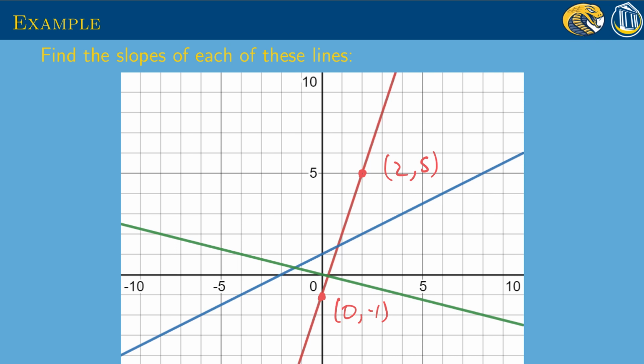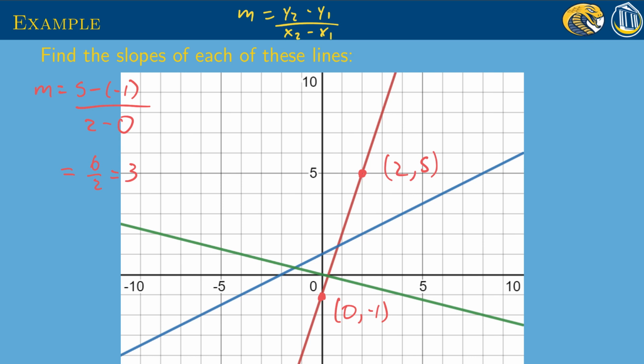If we use that same formula, we'll write it at the top, y2 minus y1 divided by x2 minus x1, we should be able to calculate the slope. In this case, m equals 5 minus negative 1 divided by 2 minus 0, and we can see that this corresponds to 6 over 2, which is 3.